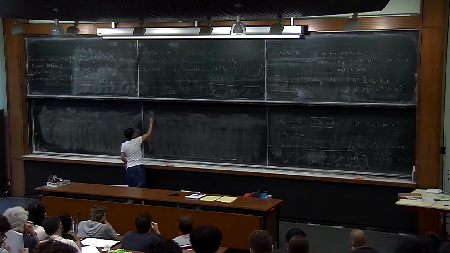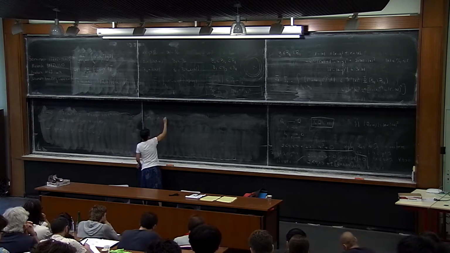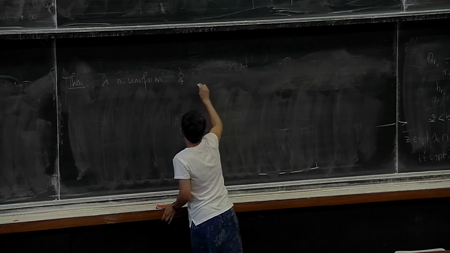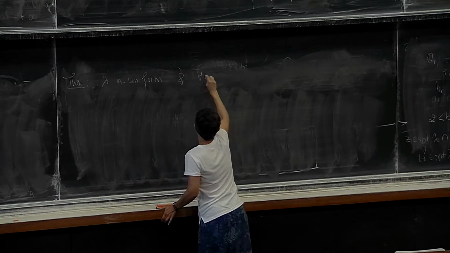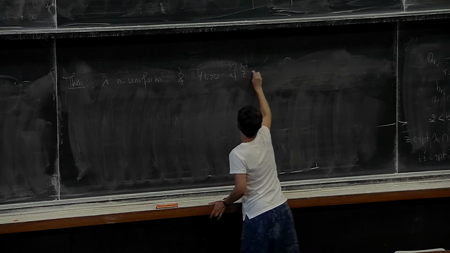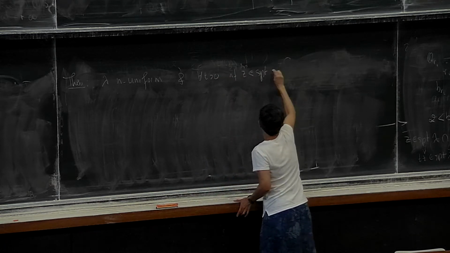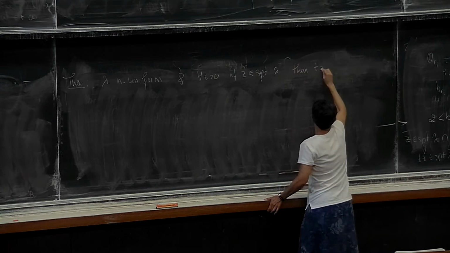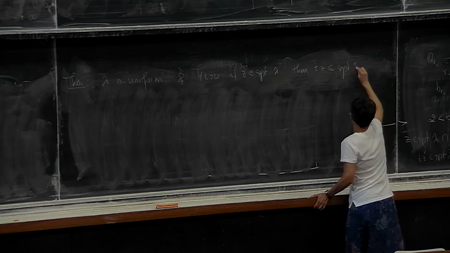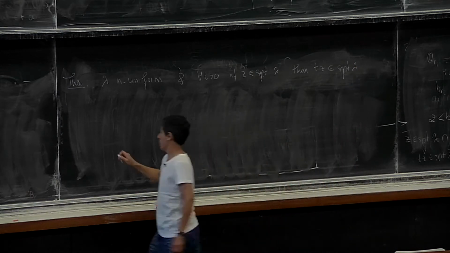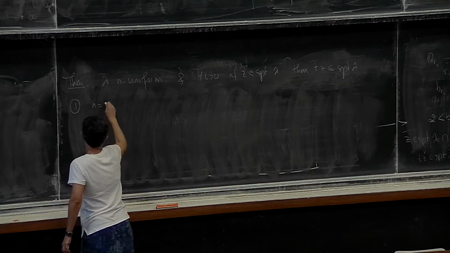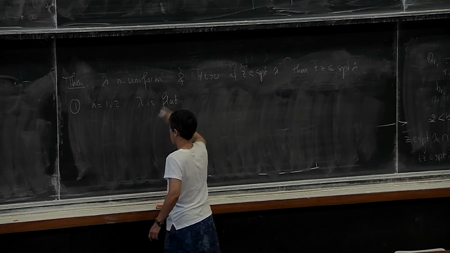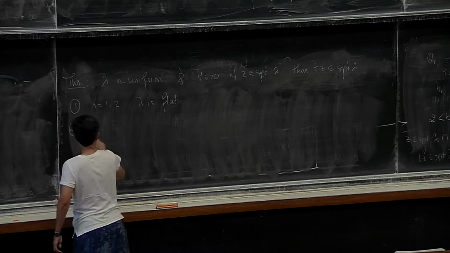Theorem, here is what we're going to prove. Let's assume lambda is n-uniform and conical: for every t positive, if z belongs to the support of lambda, then tz belongs to the support of lambda. Then, 1, if n equals 1 or 2, lambda is flat. I will not do this, it works the same way as the one I'm going to do.